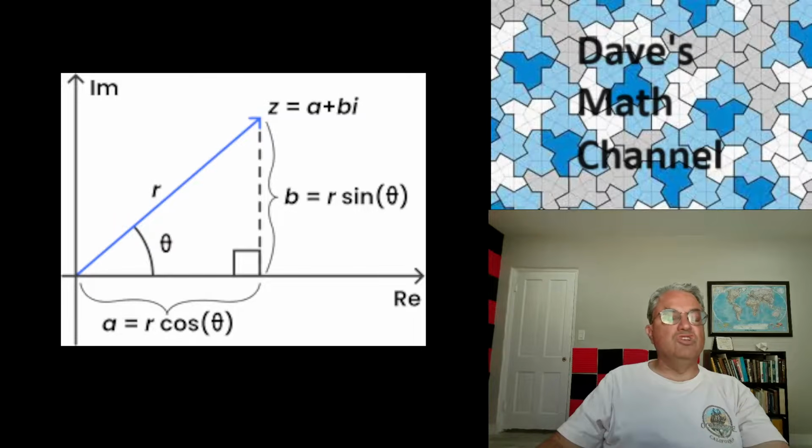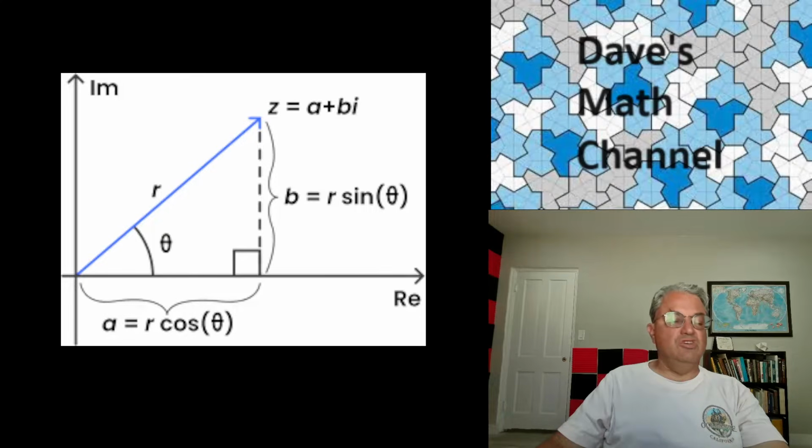So just from trigonometry, we know that a is r cosine theta and b is r sine theta. And if we plug these values in for a and b, we get a very remarkable formula. We get z equals r cosine theta plus i times r sine theta. That's a polar representation of a complex number.